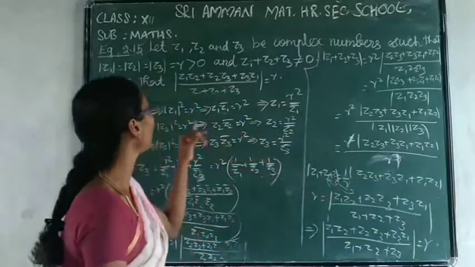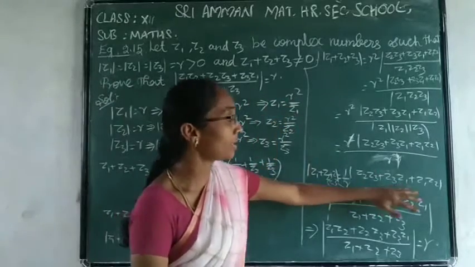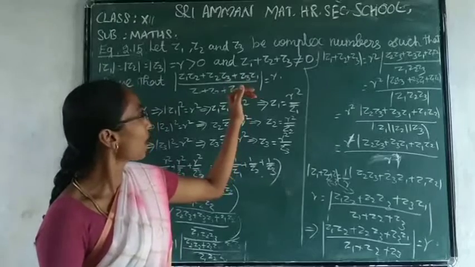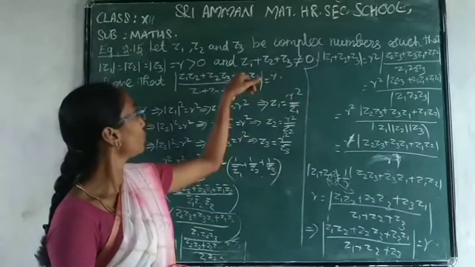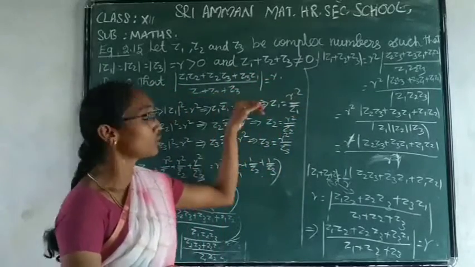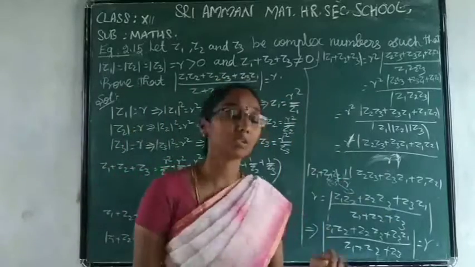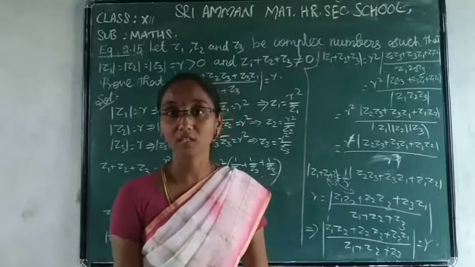What do you need to prove? These 3 parts: R, Z1 plus Z2 plus Z3, and then Z1 Z2 plus Z2 Z3 plus Z3 Z1. The positions are changing.